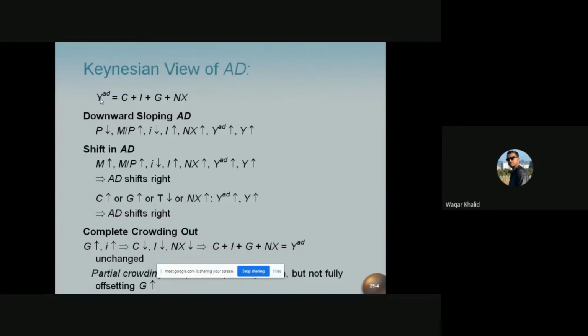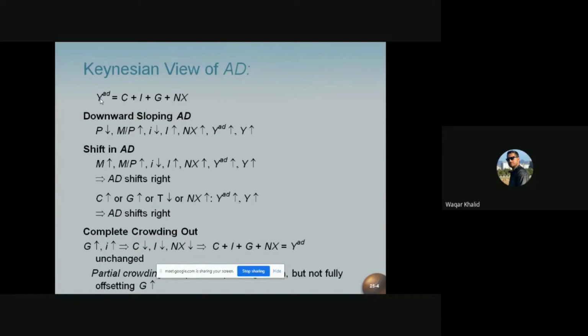So we can say that a lower price level, holding the nominal quantity of money constant, leads to a larger quantity of money in real terms. Simply, if M is fixed and P decreases, it means an increase will occur in the real quantity of money or the real money balances.